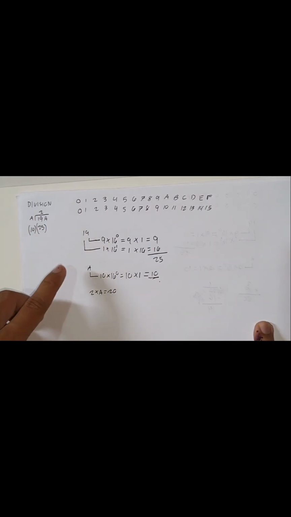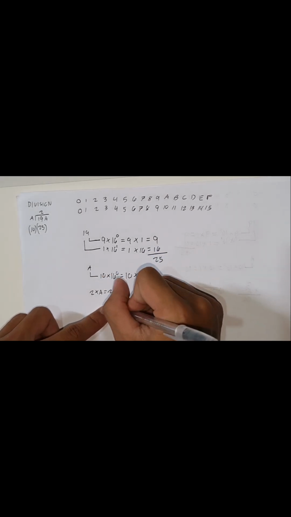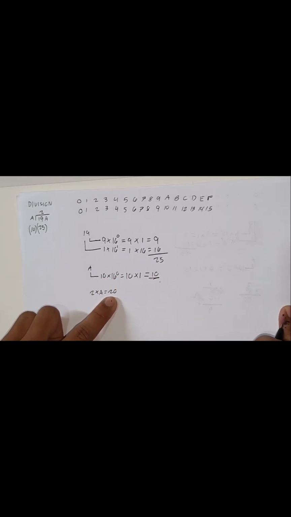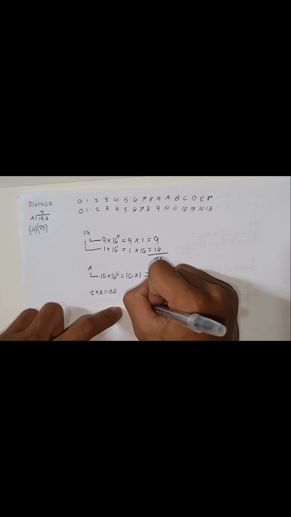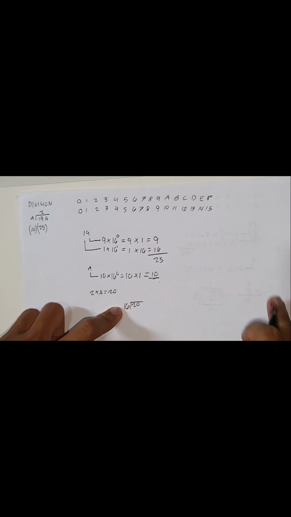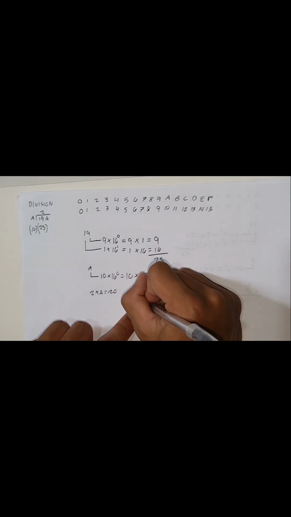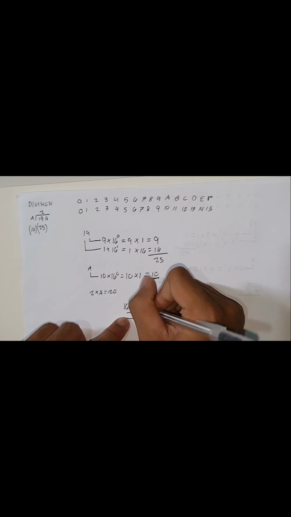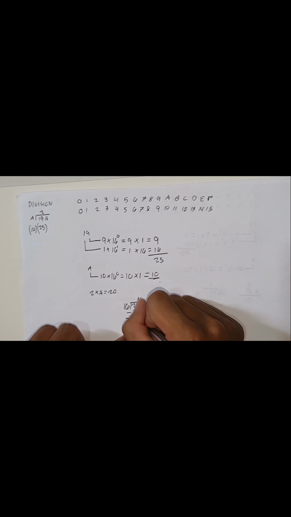And here we need to apply the rules of hexadecimal: if the answer is more than 16, we need to divide it by the base, which is 16. 20 divided by 16 is 1, and 1 times 16 is 16. So 20 minus 16 is 4. So we have here a remainder 4 and 1.